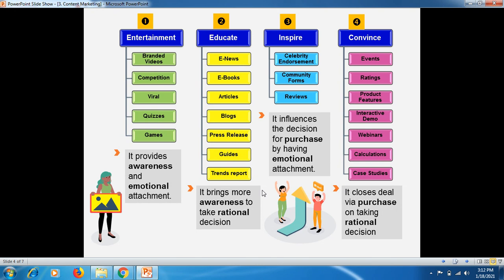The third pillar is inspiring. People have their ideals in terms of celebrities, sportsmen, politicians, and so on. And when somebody is engaging with them through videos, images, contents, interviews, they will be directly influenced and would like to buy the same thing which is being promoted in the video, images, contents as well as community forums.